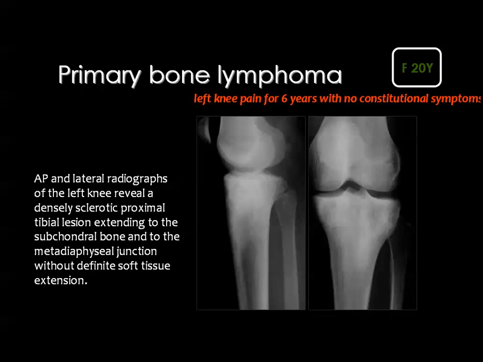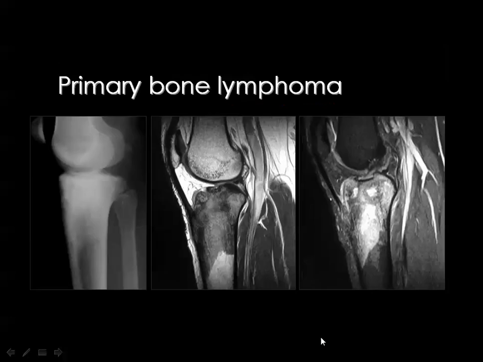Lymphoma may cause erosion and destruction of the bone, but sclerosis is one of the prominent features of lymphoma of the bone. And here is a sclerotic lesion in the proximal part of the tibia. There is no periosteal reaction, there is no extraosseous soft tissue component, and the patient is an adult after epiphyseal closure.